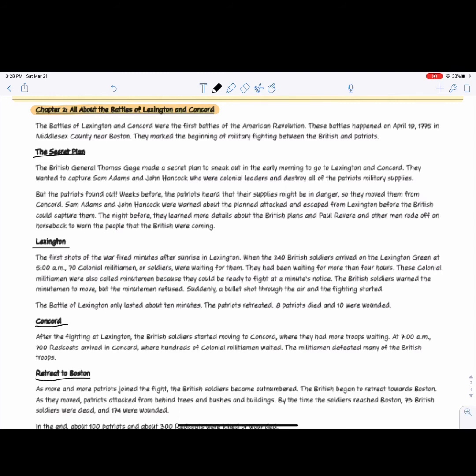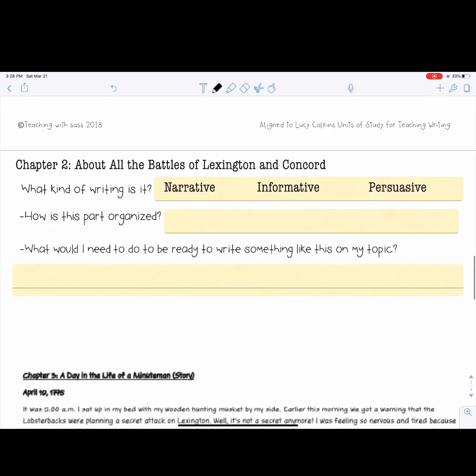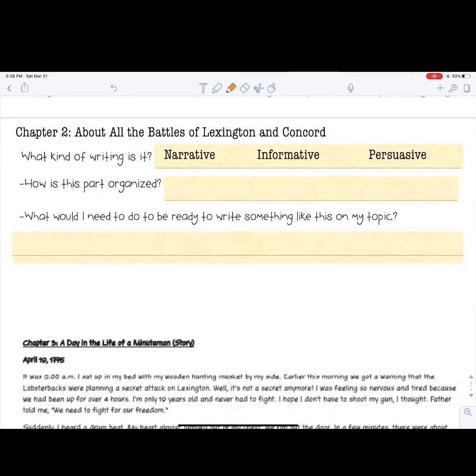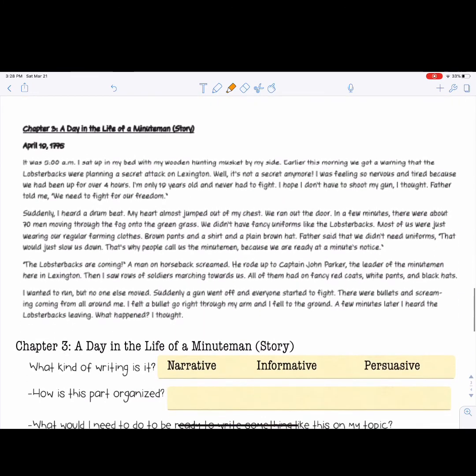So she has some subtitles in there too. All right, so this is going to correspond with this part of the mentor text. Again, it's going to ask you what kind of writing it is, how is this part organized, and what would you need to do to be ready to write a chapter all about your subtopic?